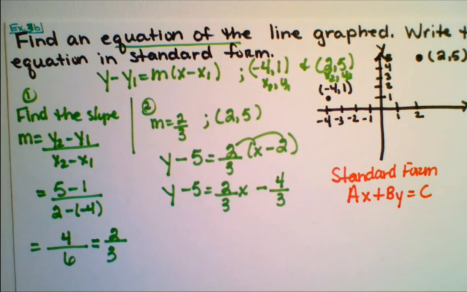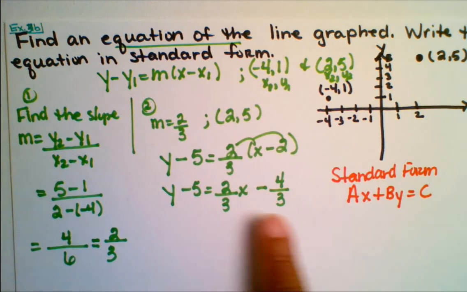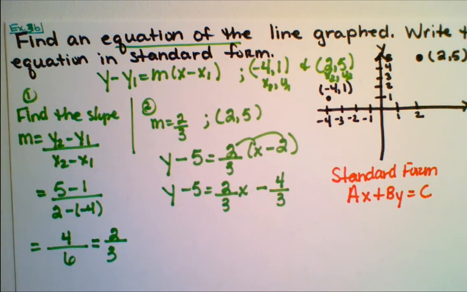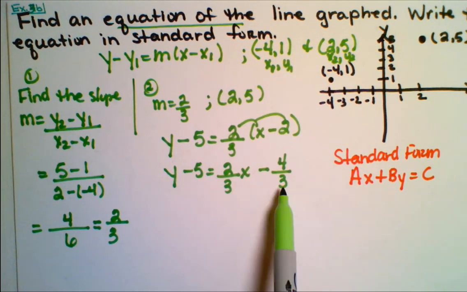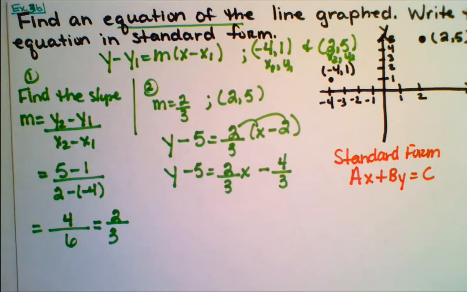So we're going to have to do some converting. So we want all of our x and y to be on one side. What we're going to do is we can add 5 to both sides, but I want us to hold off for a second. Let's solve this equation without having any numbers in the denominator.